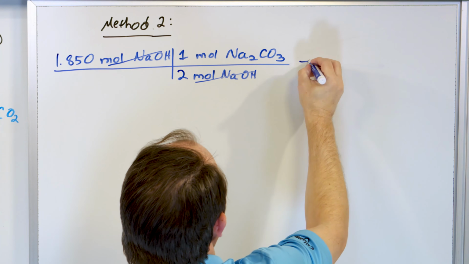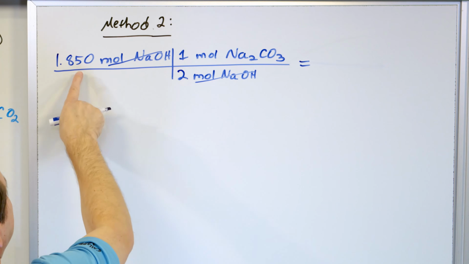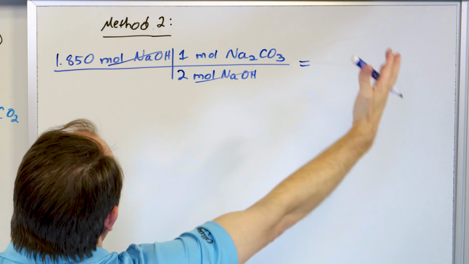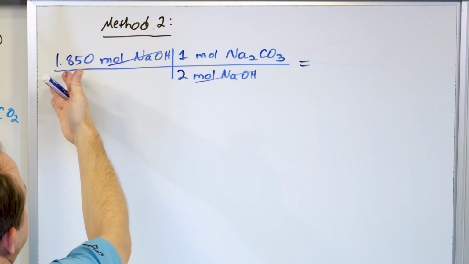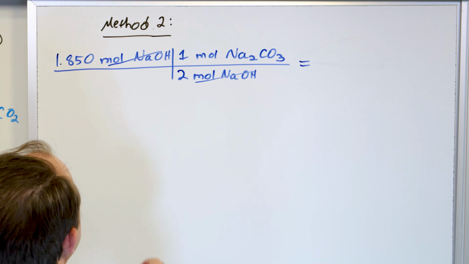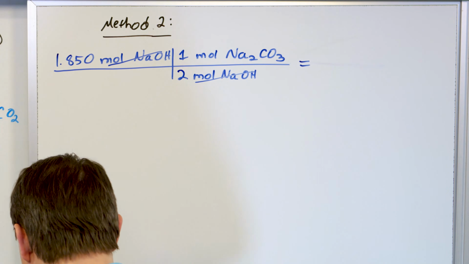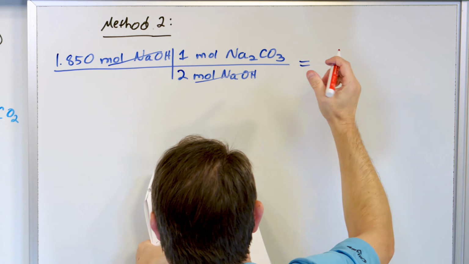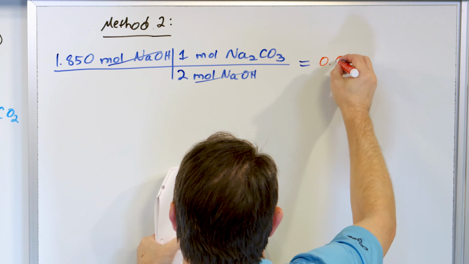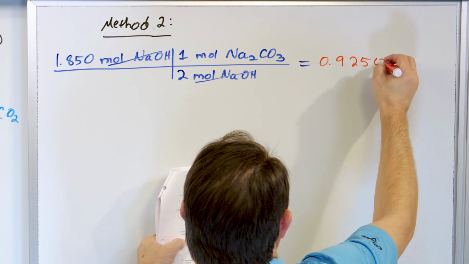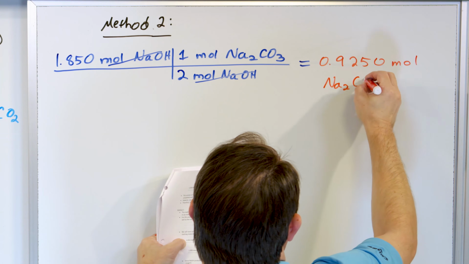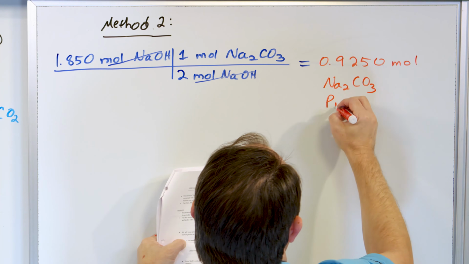So what we're calculating here is how much product would form if the other reactant, the carbon dioxide, is in excess, and I have tons of it to soak it all up and convert all of this into product. So I take the 1.850, multiply by 1, and divide by 2, and what I get is 0.9250 moles of Na2CO3 produced.